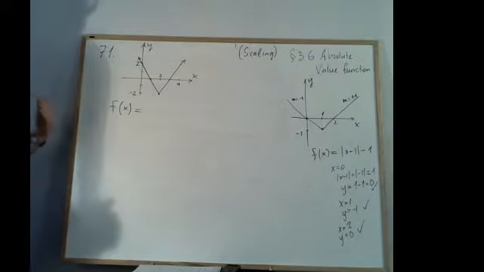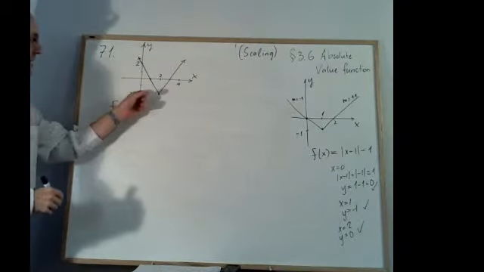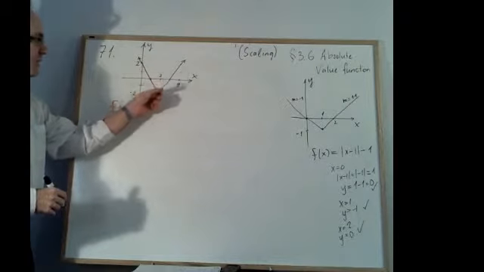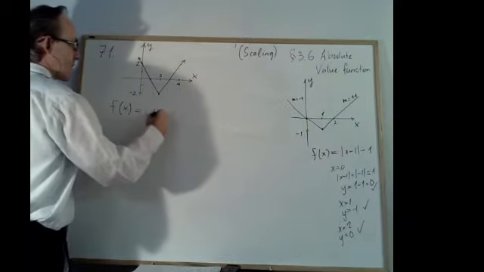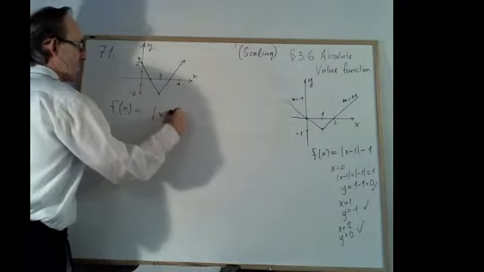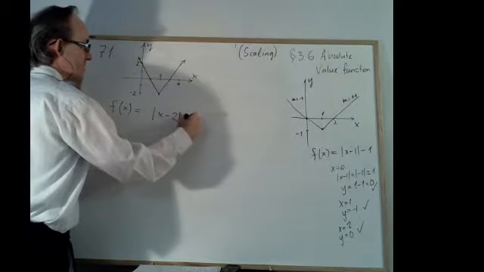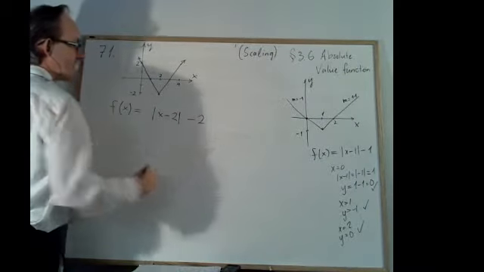Okay, so first you shift the origin so that it is at (2, -2). So you shift it to the right by 2 and then down by 2. So you get those two parts.